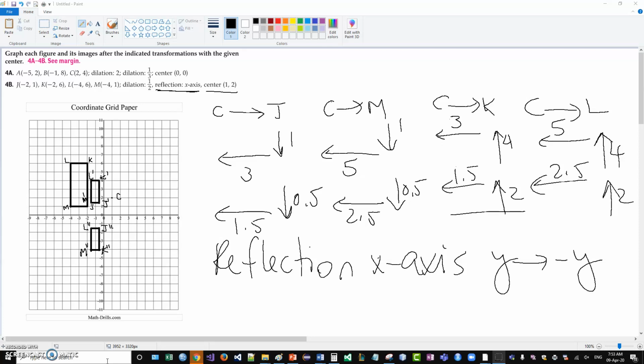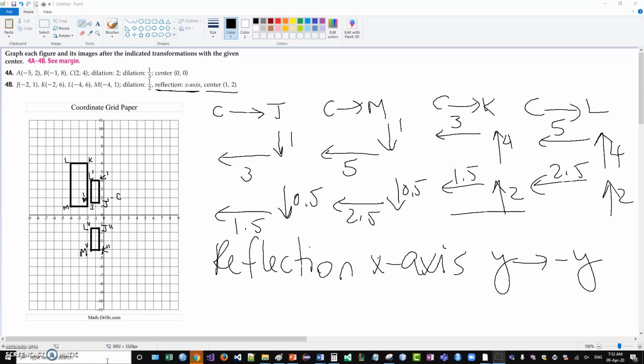When the center is not the origin, it's a little bit different, but we've done that before. You look at the movement from the center to each point, and then you multiply the number of units that you move by the first scale factor, and then you repeat that for the second scale factor.